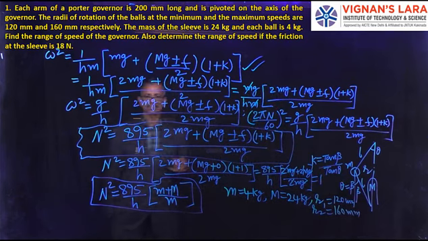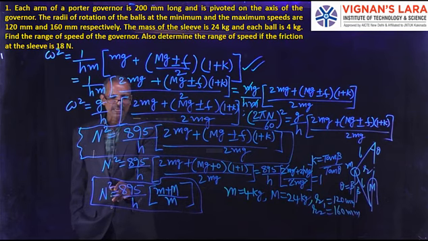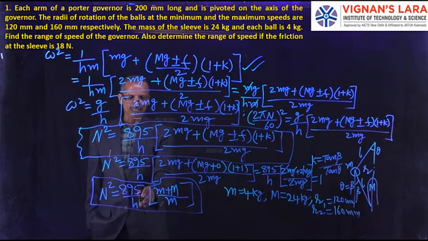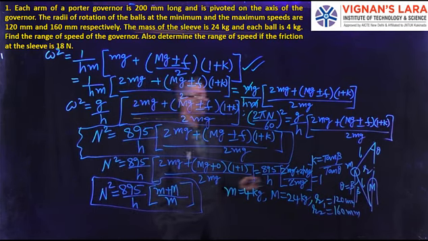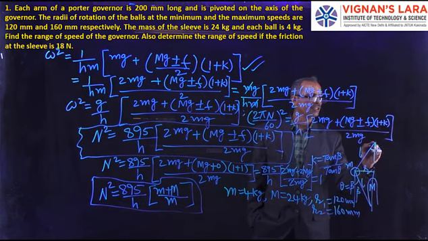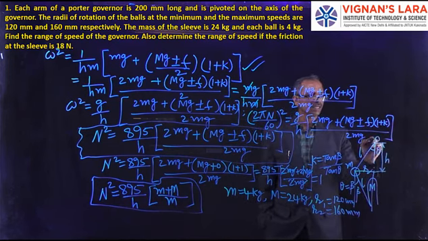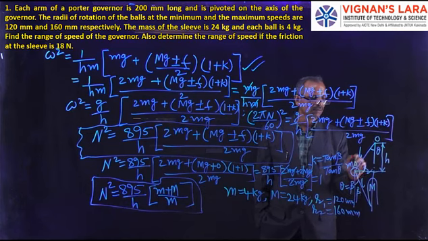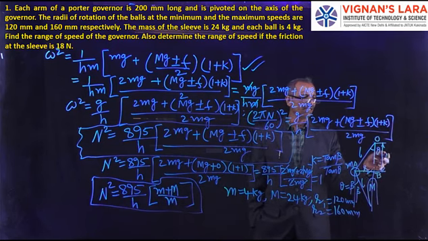So here you can see the problem. N square is equal to 895 by h into (m plus M) by m. Here we have defined this as h. If you take this right angle triangle OAB, and I know L and R, I can get the value of h.